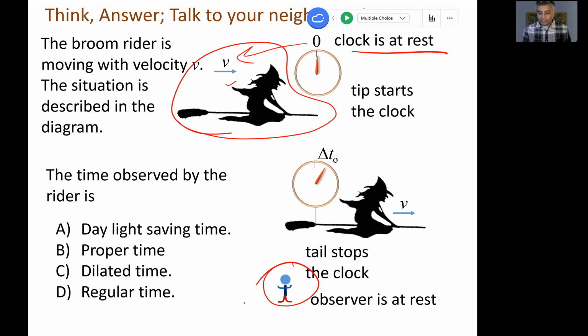An observer is also on the ground, so not moving with respect to the clock. Similarly, the relative speed between the observer and the rider is also v. Now here is the question, and you have a minute to answer it.